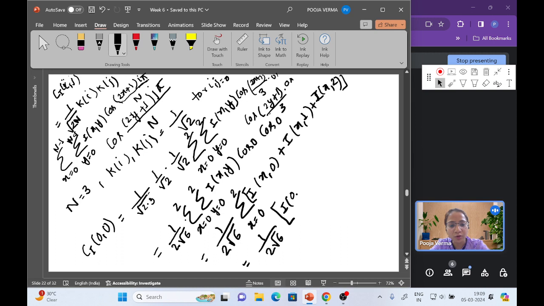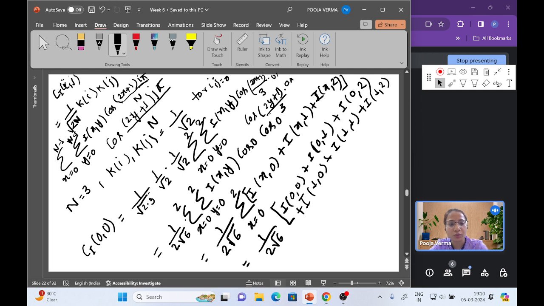So when we put 0, I(0,0) plus I(0,1) plus I(0,2). Then again we will put 1: I(1,0) plus I(1,1) plus I(1,2). We have put 0 and 1.